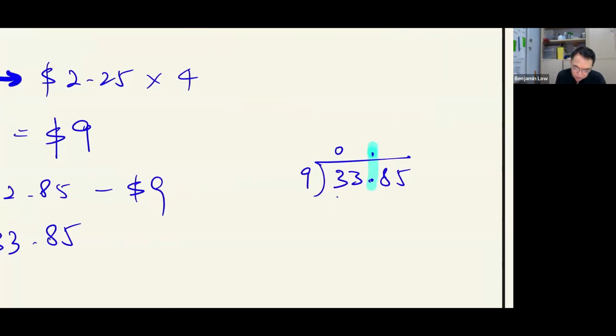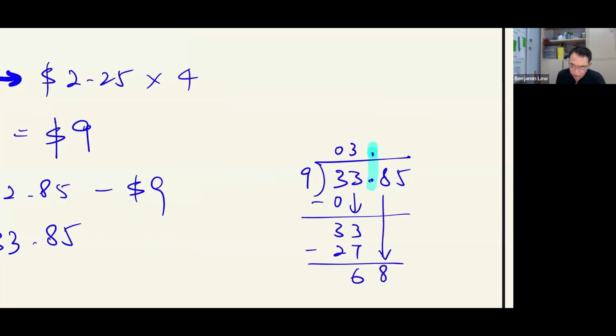Okay, so 0, 0, 3, 3, 4. Oh, that's too much. Maybe 3. 3, 9, 27. Left with 6. Bring down 8. Now notice I did not bring down the decimal. I didn't put the dot here.